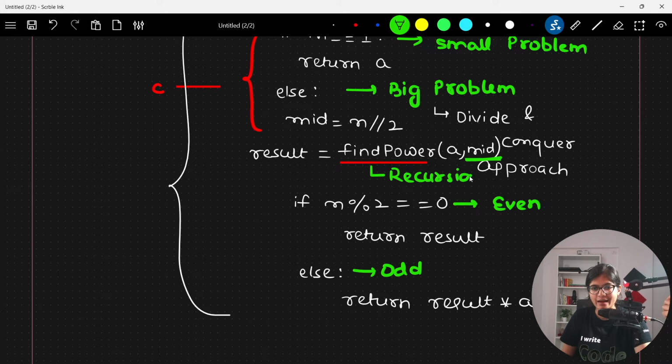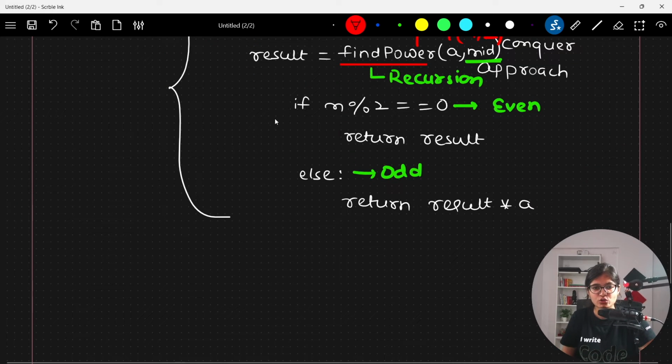When recursion is happening, you are trying to split your data into two halves. So the value will be equal to T of n by 2, because you are dividing it by mid values.